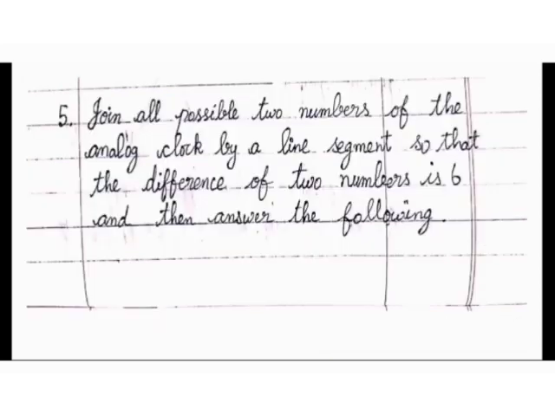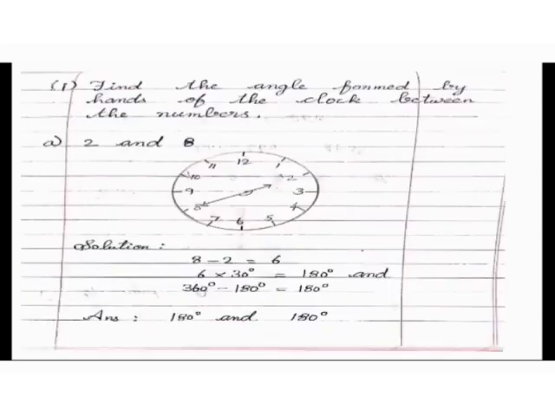And the next sum, join all possible two numbers of the analog clock by a line segment so that the difference of two numbers is 6, and then answer the following. Find the angle formed by the hands of the clock between the numbers 2 and 8. So mark now 2 and 8.